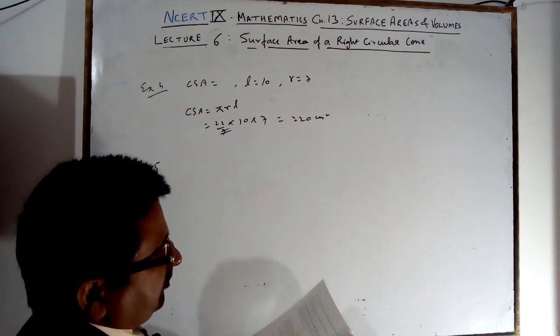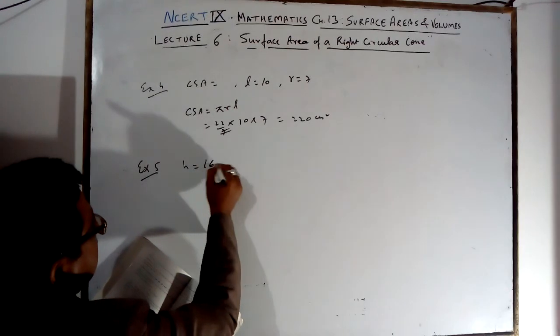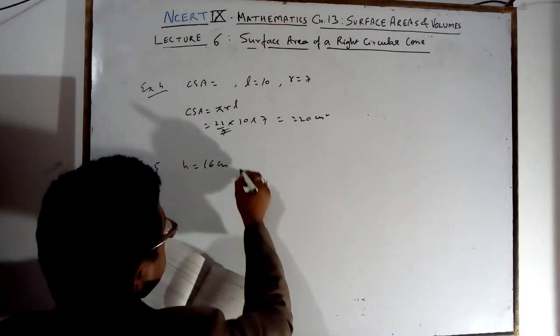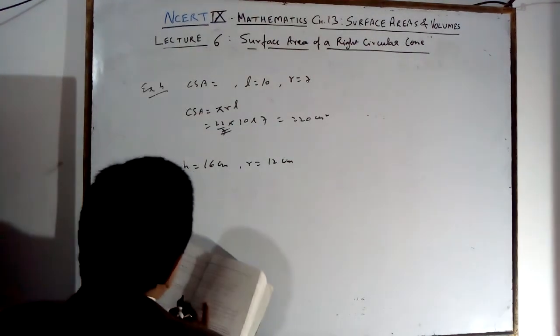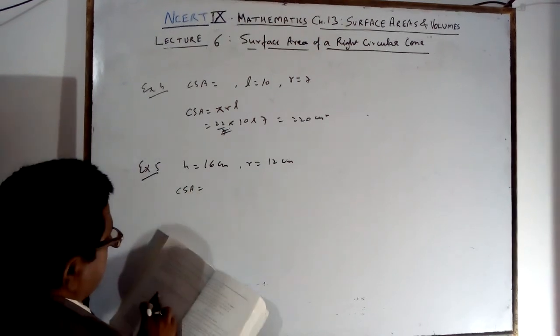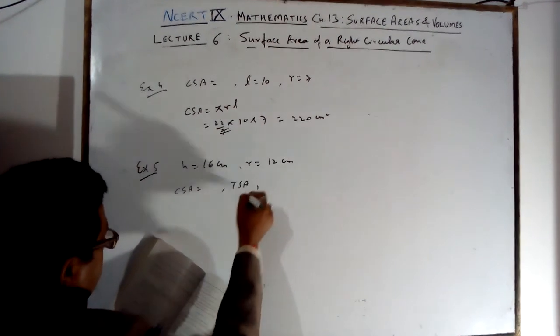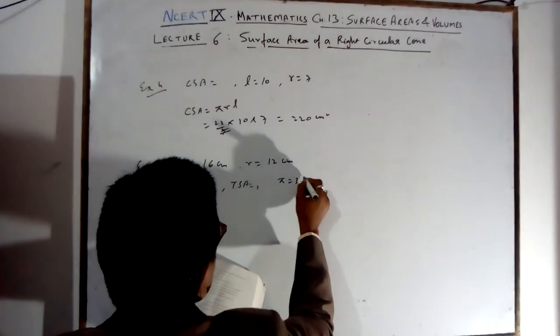Example number 5 is given. The height of a cone is 16 centimeter, and its base radius is 12 centimeter. Find the curved surface area. You want to find out CSA, and the total surface area also, and use pi is equal to 3.14.